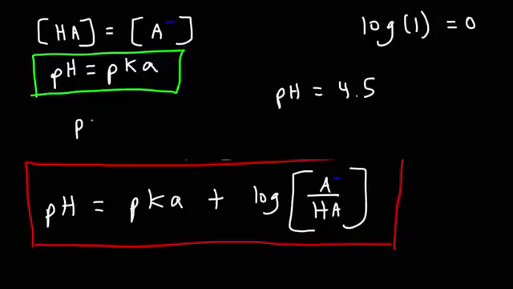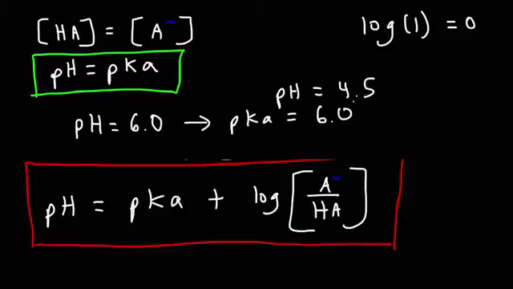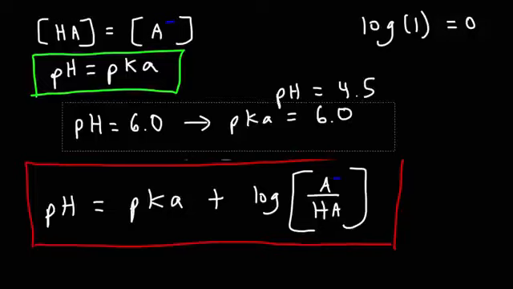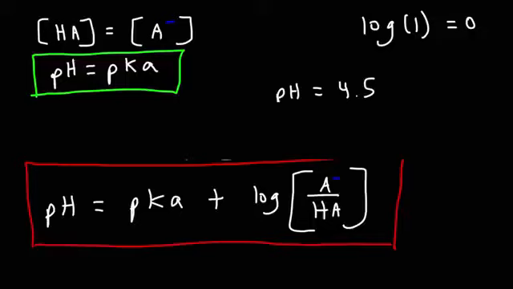Likewise, if you want to create a buffer solution with a pH that's centered around 6.0, you want to look for an acid that has a pKa of a value that is close to 6.0, close as possible. The closer, the better. So that's how you can create a buffer solution that's centered at a given pH. It's by choosing the appropriate acid with a pKa that is very close to the pH. Now let's talk about the ratio of base to acid and acid to base.